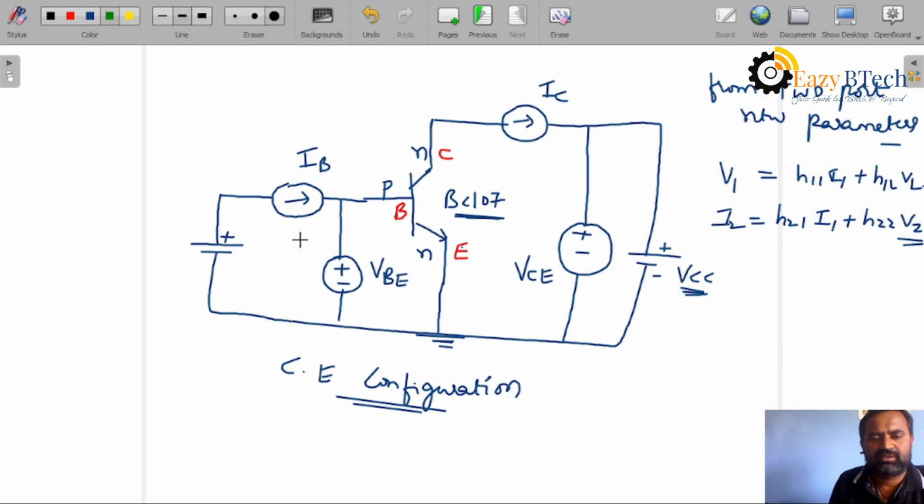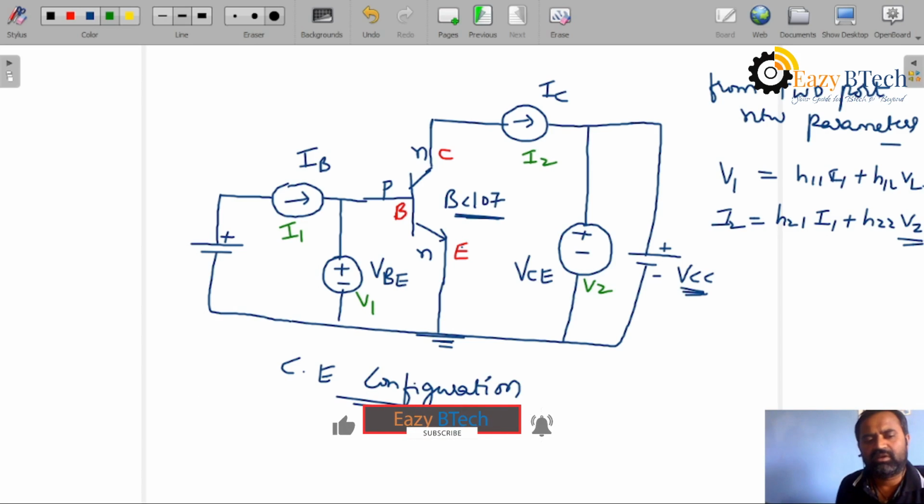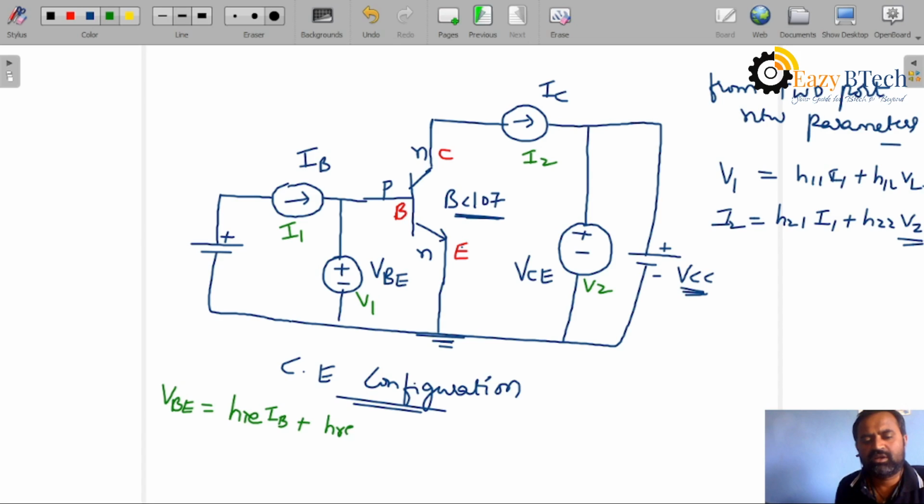Okay, this we will call I1. This is V1. It is I2. This is V2. We will write this expression as V1 means VBE. VBE is equal to HIE into IB plus HRE VCE.